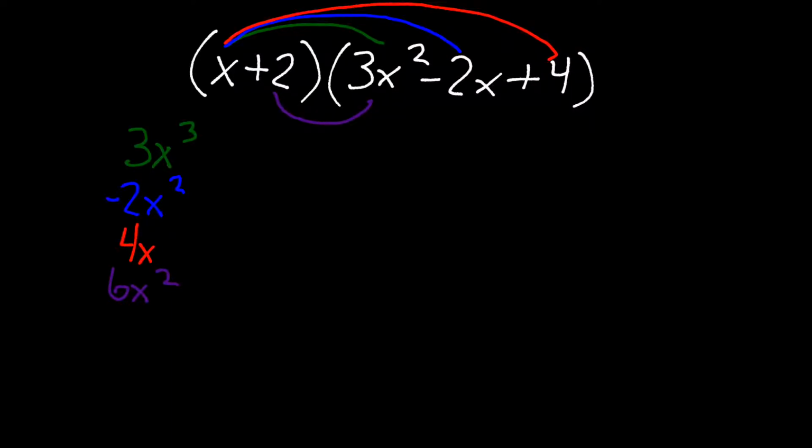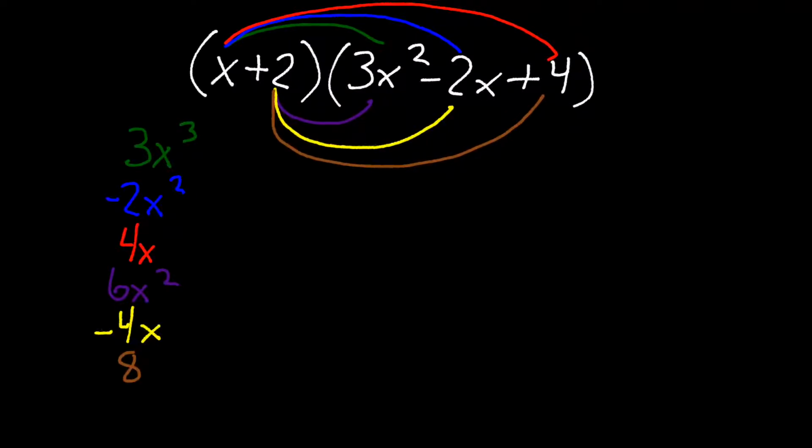Then we are going to have 2 times the negative 2x, which is negative 4x. And then lastly, we are going to have 2 times 4 all the way at the end. It's sort of turning out to be some kind of rainbow now. But we have 2 times 4, which gives us 8.